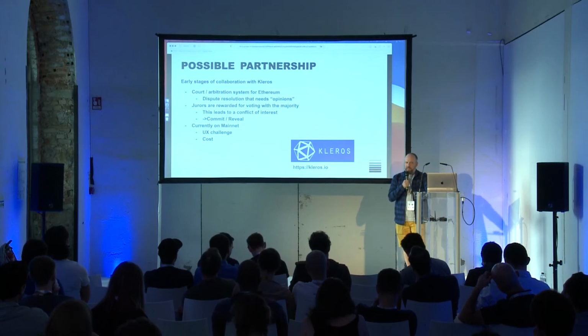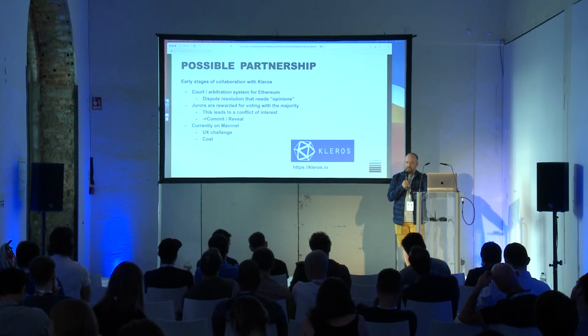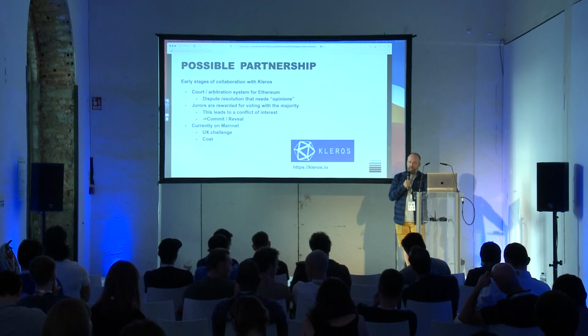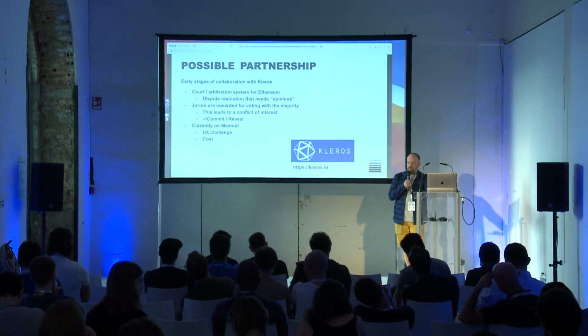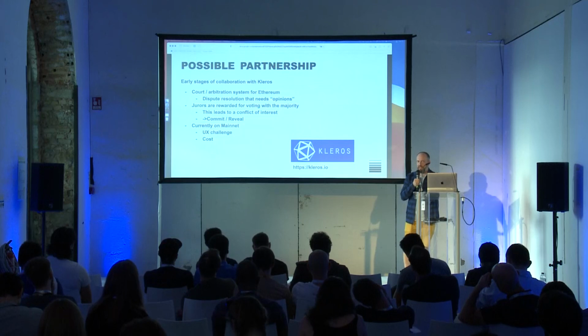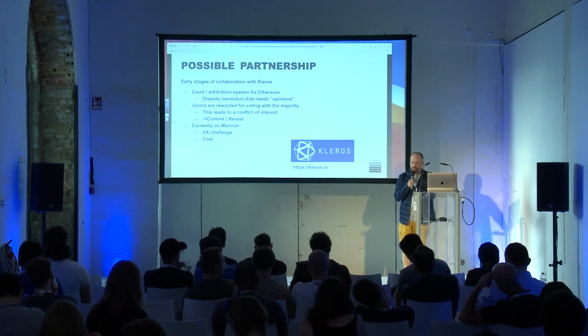So this leads to a conflict of interest for the jurors because they might just want to vote with the majority to gain the reward. And this is why Kleros usually intends to use a commit reveal system. I think they at the moment don't necessarily do because of transaction costs and UX problems.